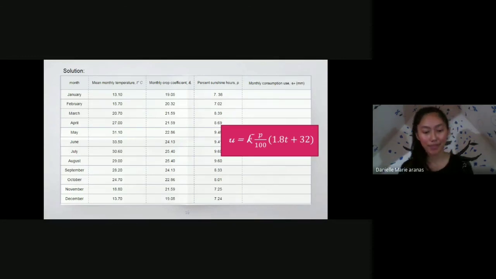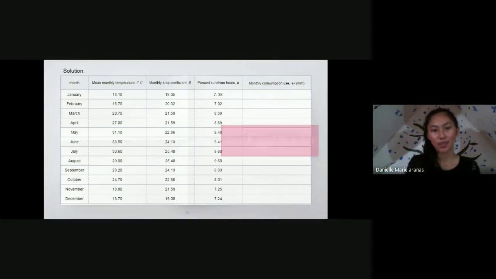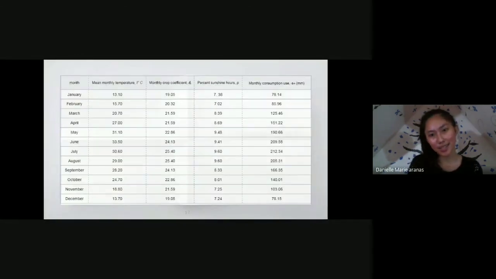It is 78.14. So if we continue solving it, it will give us these values. But the question is the yearly consumptive use.